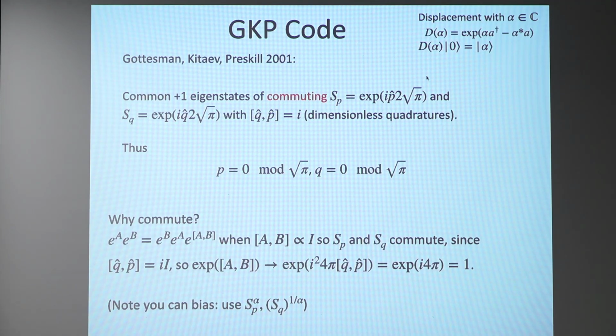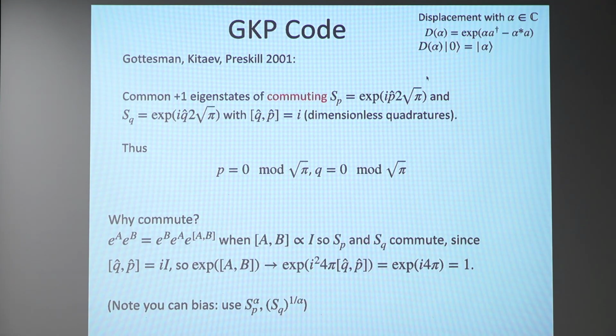This is just math, right? I'm not talking about how we do this physically, because sharp p eigenstates, and p and q, don't exist physically. But it just says that if I want to formally define an eigenstate of these two operators, it will be a state for which p is entirely fixed and q is entirely fixed, perfectly.